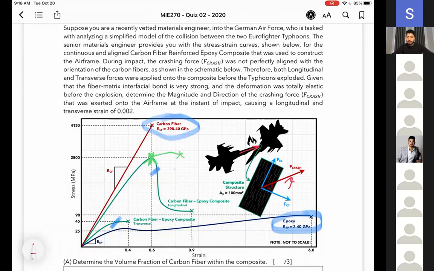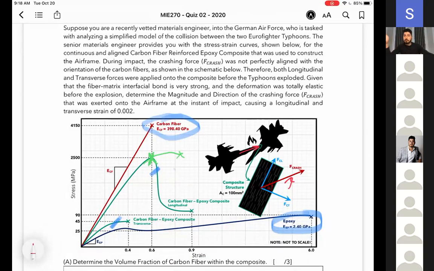What does the onset of failure mean? The way the textbook defines the onset of failure is when the fibers fail. In the theoretical aspect, all your fibers are perfectly aligned and they're all experiencing the exact same stress at the exact same time. In this case, if it's longitudinal, then they're all experiencing the exact same elongation, which means the exact same strain.